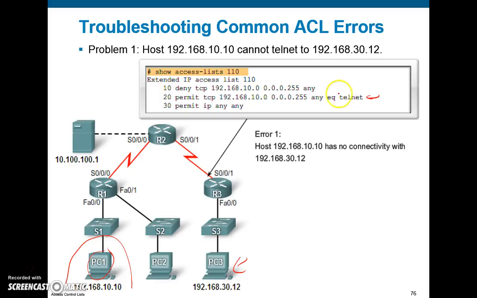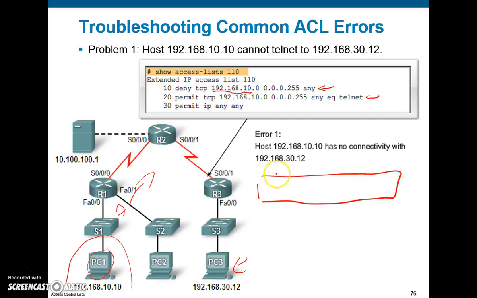For those who are sharp enough, you will notice that it's because the first rule already denied the telnet packets. When the telnet packet arrives, it already has the host IP address 192.168.10. Let's look at the telnet packet.